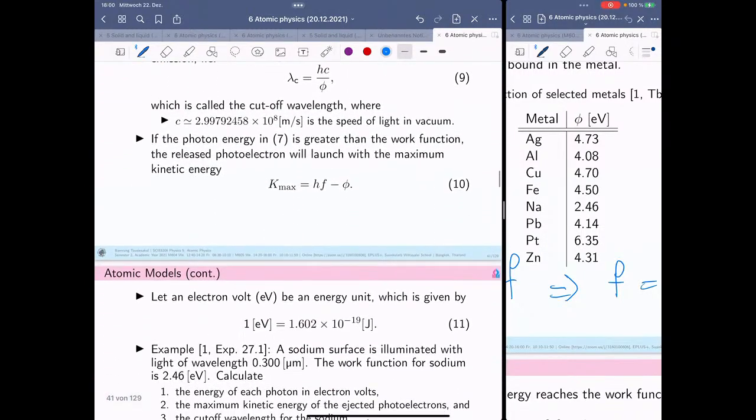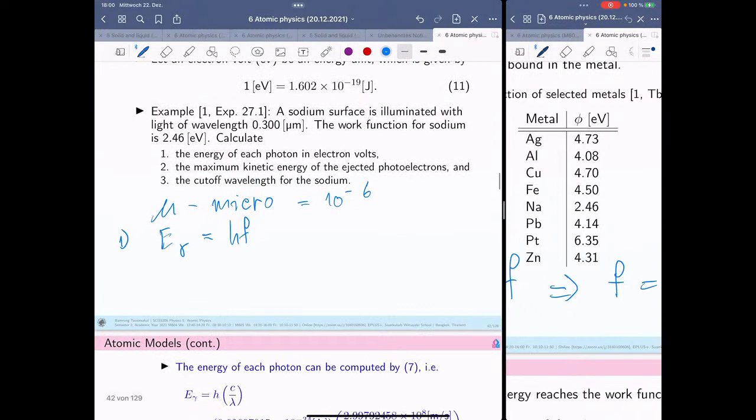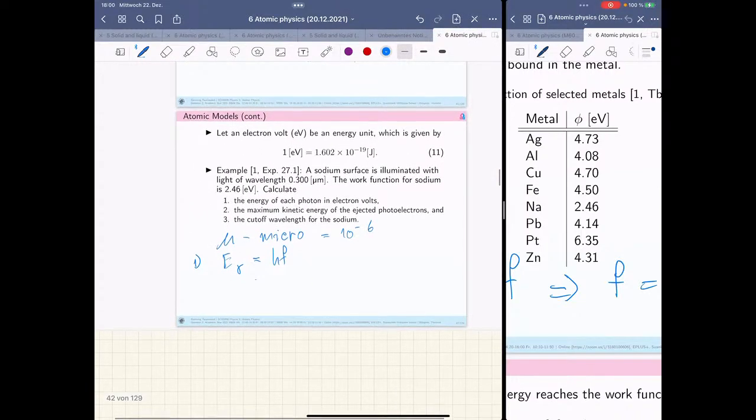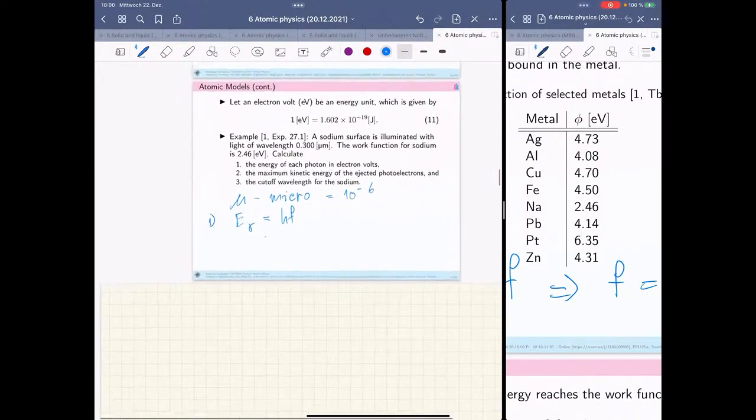So E gamma is there, and we're going to substitute everything into that.